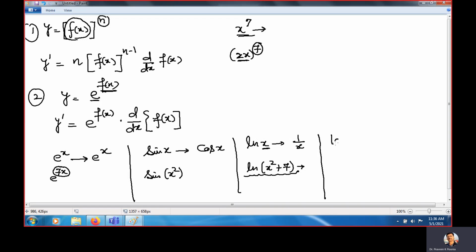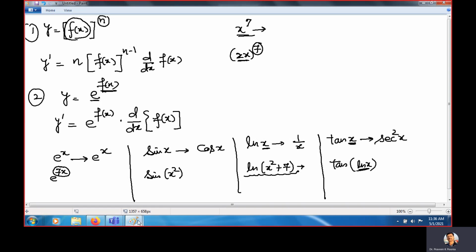If tan x is written, what is the differential of tan x? It is sec square x. But if in place of x, ln x is written, you need to find the differential of ln x separately.